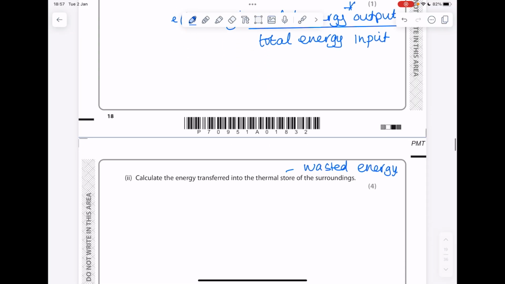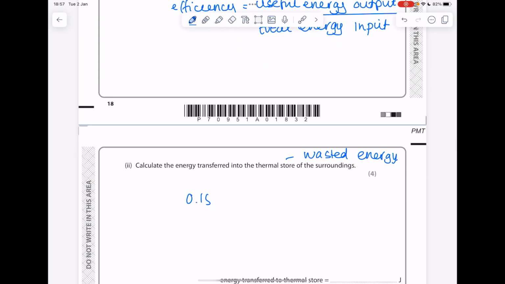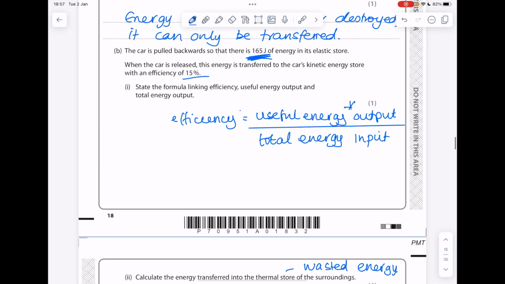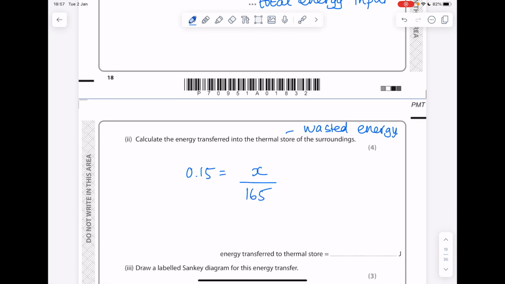So we know that it's 15% efficient, so it's 0.15 equals x divided by that total energy, which is 165 joules. So solve for x by doing 0.15 times 165, and then that final step is to take away that number to find the wasted energy. So the answer is 140.